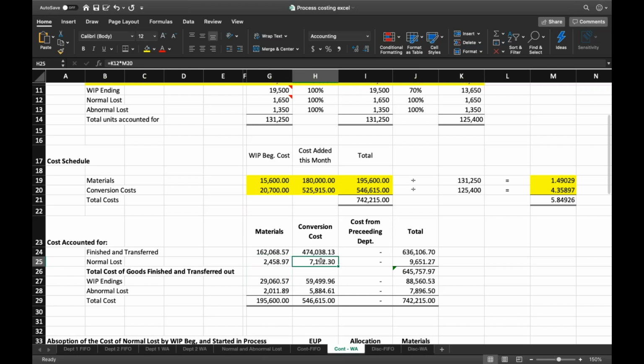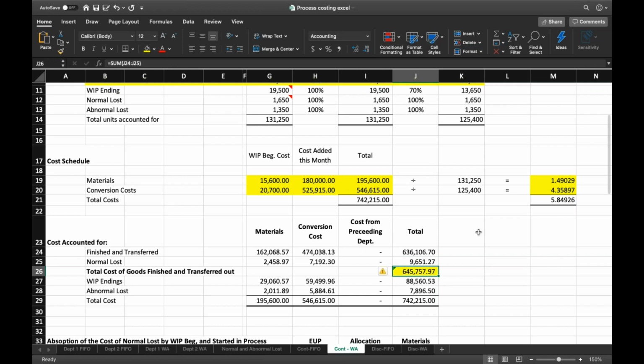For the conversion cost, that's 1,650 times 4.35897, 7,192.30. Total is 9,651.27. So the total cost of good finished and transferred out is 645,757.